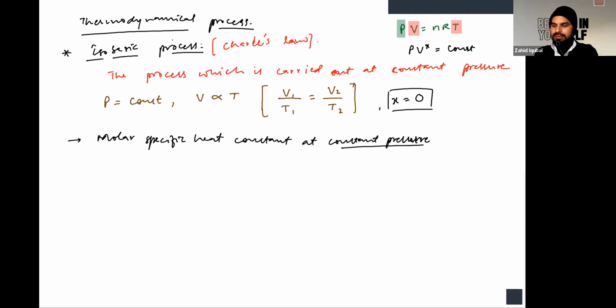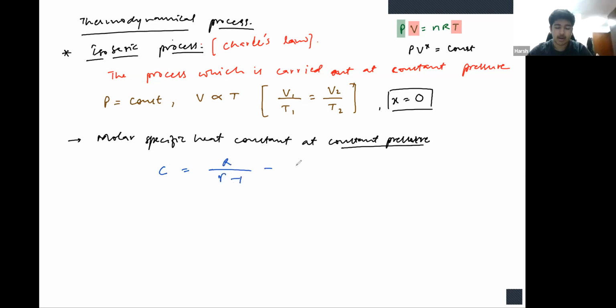Harsh, tell me the general expression of molar specific heat. I defined it in the last class: C is equal to R by gamma minus 1 minus R by x minus 1.